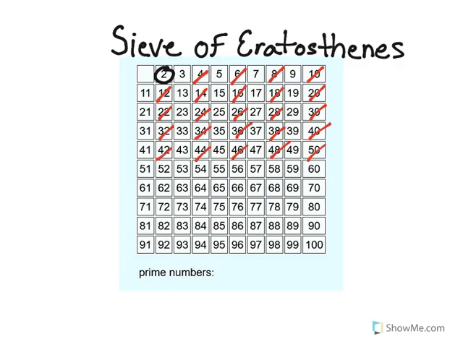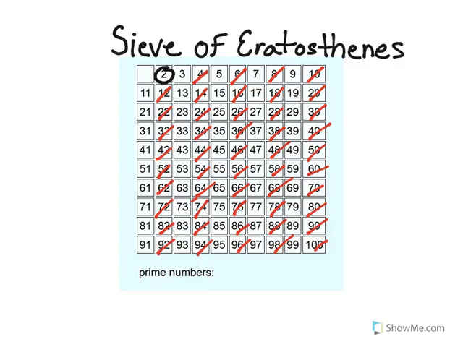So when you do multiples of 2, you are crossing out all of those numbers that are multiples of 2, which is why you want to circle the first prime number. Let me go ahead and erase that. Okay, 74, 76, 78, 80, 82, 84, 86, 88, 90, 92, 94, 96, 98, 100.